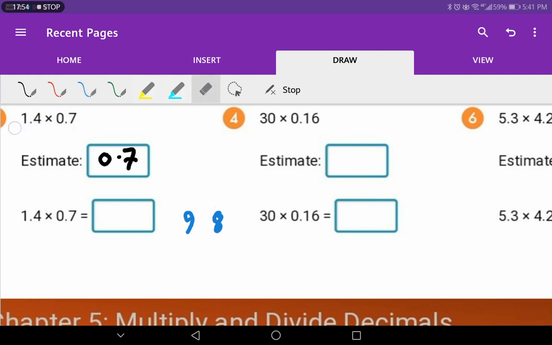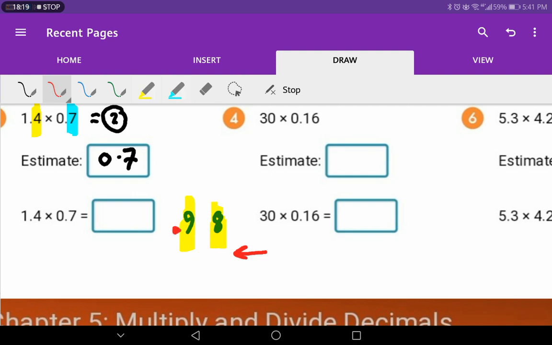Now I come back to the factors and ask the first factor, how many digits after the decimal point? 1. Good. And the second factor, 1. So I have to leave 2 digits after the decimal point. So I start from the right side and count 1, 2, then I write the decimal point like this.